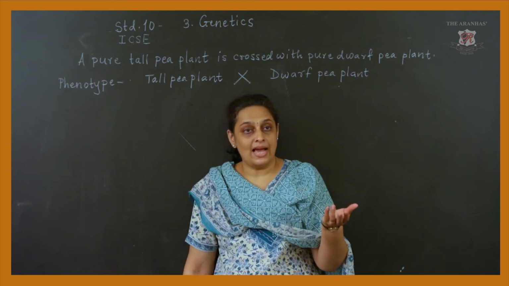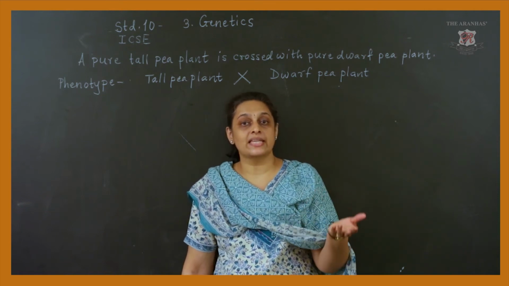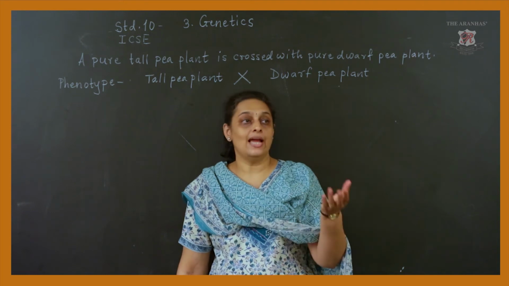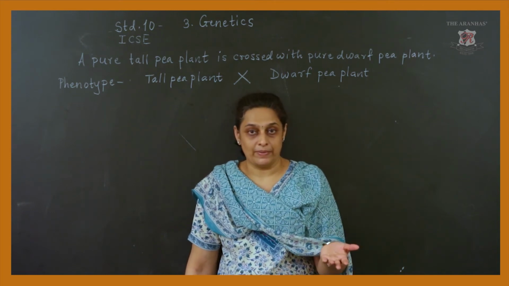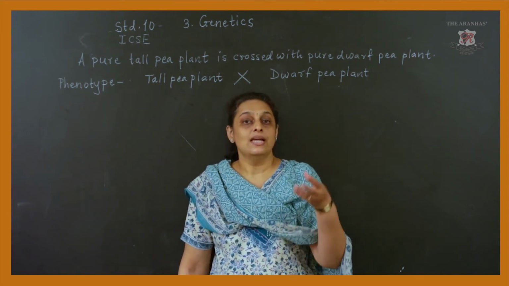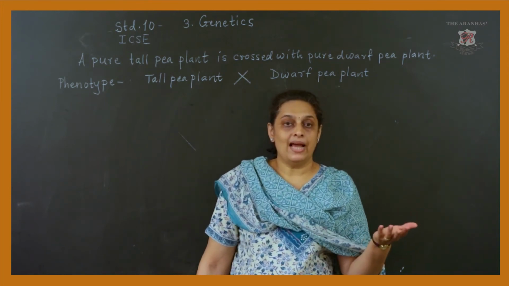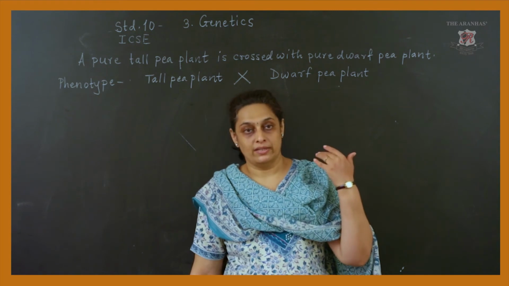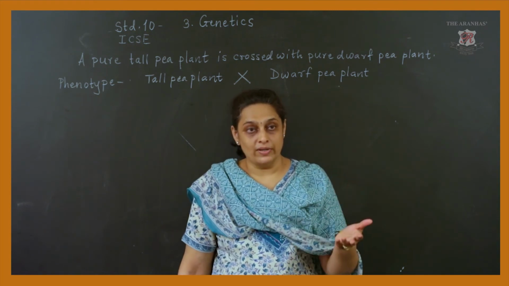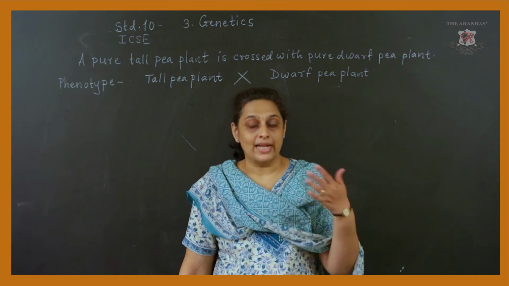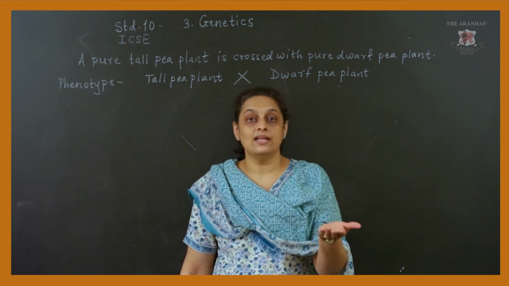If a person has white skin color, again I am talking about his phenotype. Suppose I am describing some plant, a plant has red flowers. So red flower is a phenotype because that is telling me the external appearance.